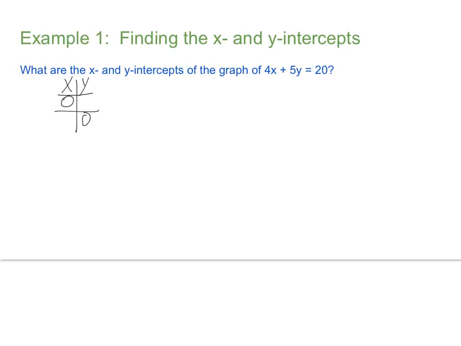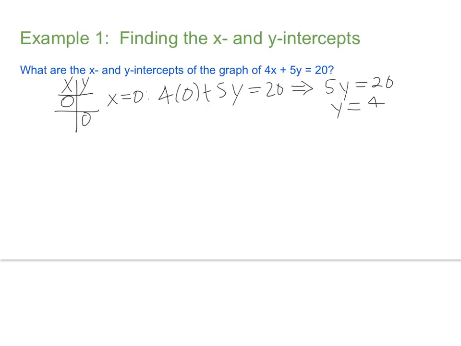For the top line, I have x equals 0, which gives me 4x, which is 0, plus 5y equals 20. We end up with just 5y equal to 20 because the 0 goes away. Divide both sides by 5, and I have y equals 4, so I have the ordered pair (0, 4).